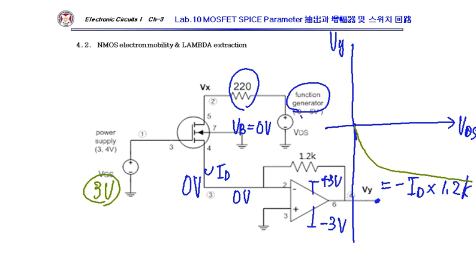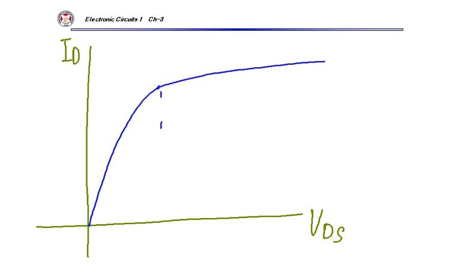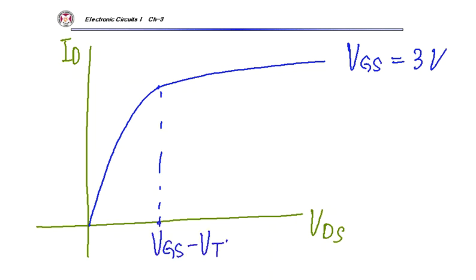Let's see. If I plot, this is constant VGS equal, for example, 3 volt, okay? So this is VGS minus VTH.